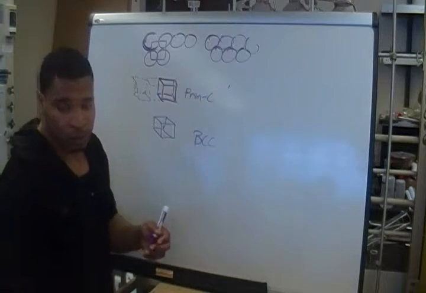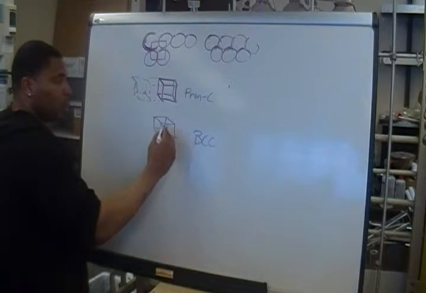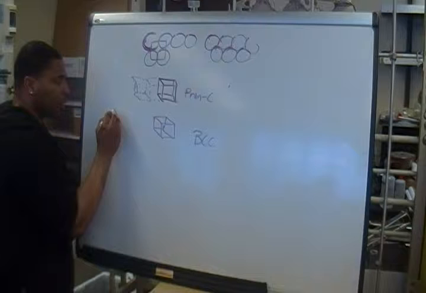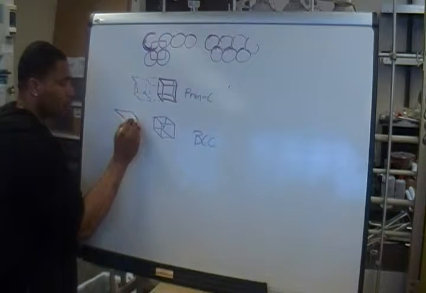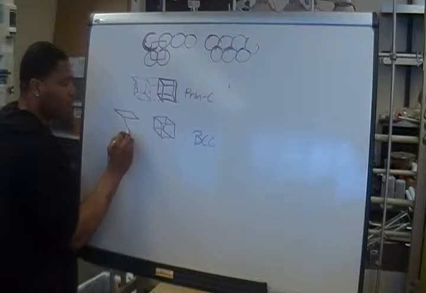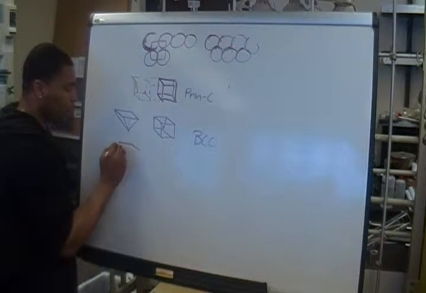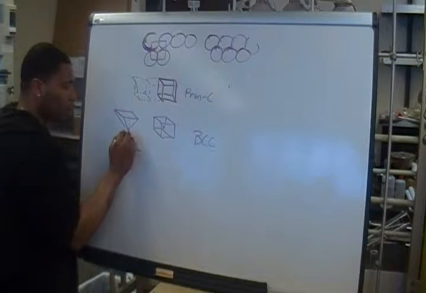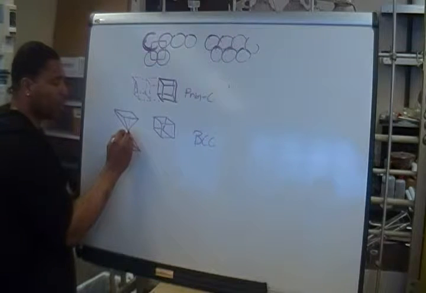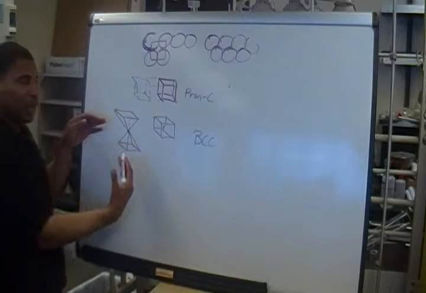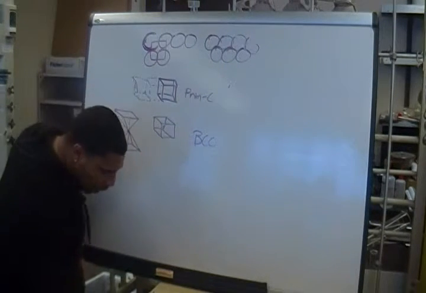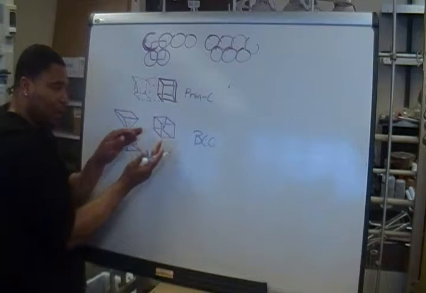All right, body centered. A lot of times it's represented with an inverted four-sided pyramid above an upright pyramid. That's usually done to give you an idea of how this point is conformed inside of this cell.